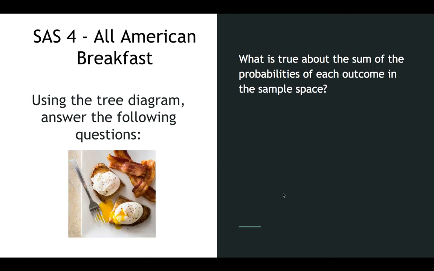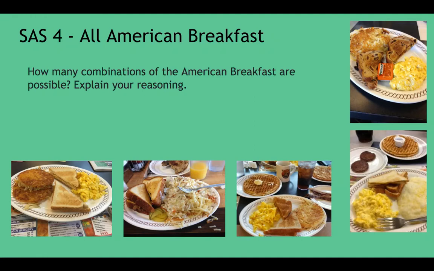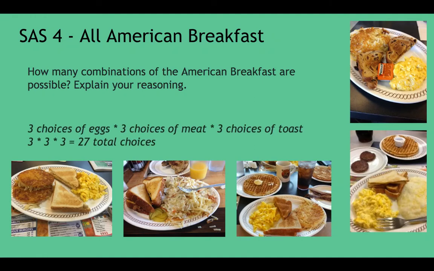All right. What is true about the sum of the probabilities in each outcome of the sample space? We already discussed that. The sum of each outcome equals 1. How many combinations of American breakfast are there? That's easy. 3 choices of eggs, 3 choices of meat, 3 choices of toast. By use of what we call, I can't remember what it's called, the fundamental counting principle. That's what it's called.